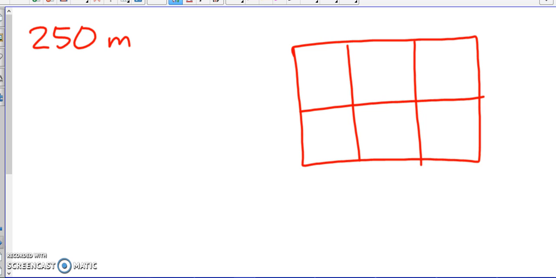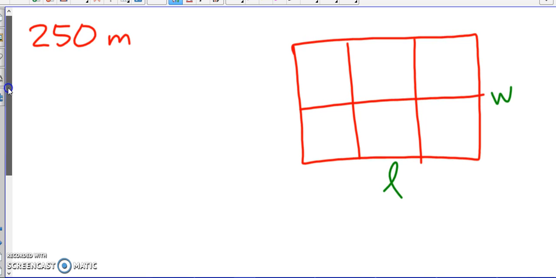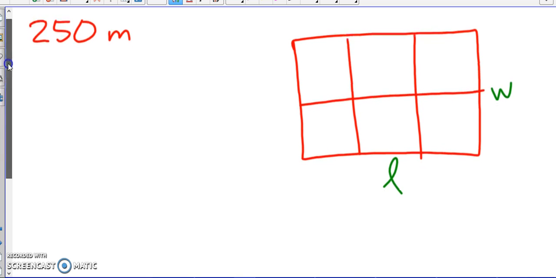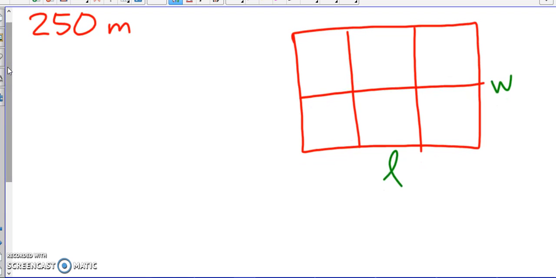All right, so let's label this just like we did before. That can be length, that can be width. Quit fooling around. Let's start off with that. I mean, we know that.